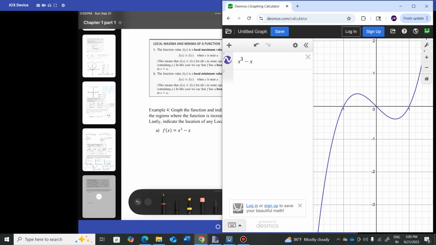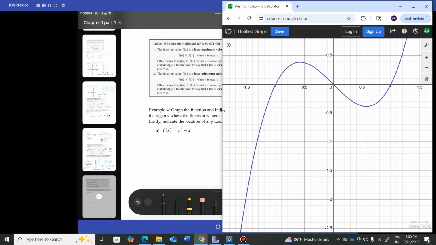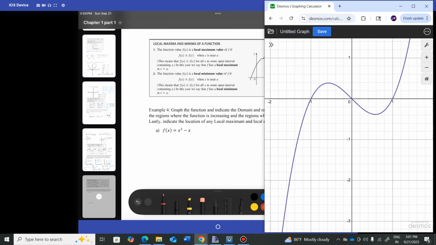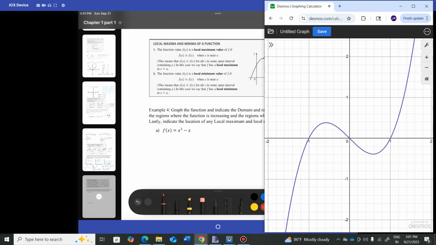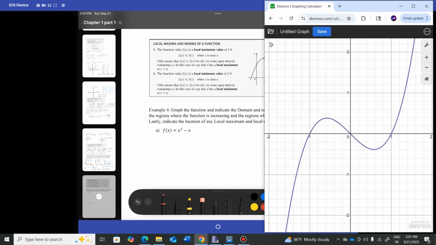And so what we're going to do is say where there is increasing, say where there are maximums and minimums. So there are points we need to know, and luckily Desmos will allow us to pinpoint these just by clicking. And they're always clickable because they're either x-intercepts or they're mins and maxes.